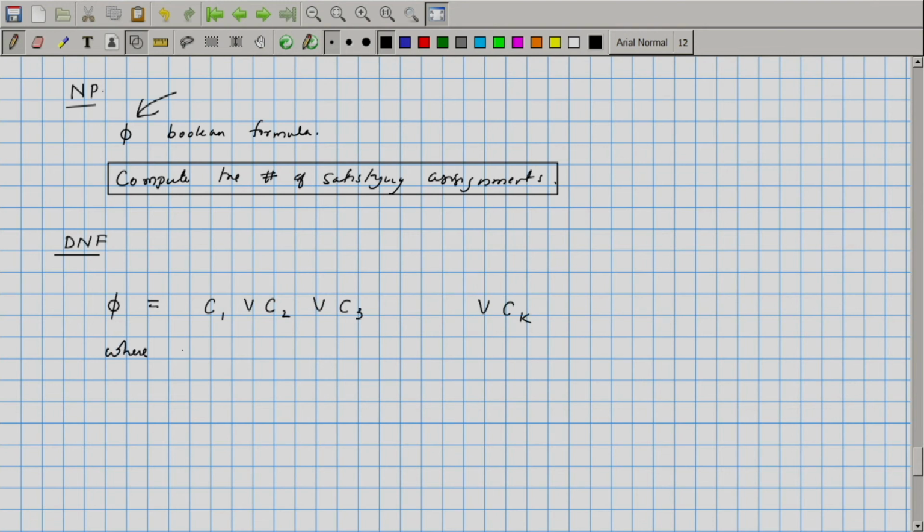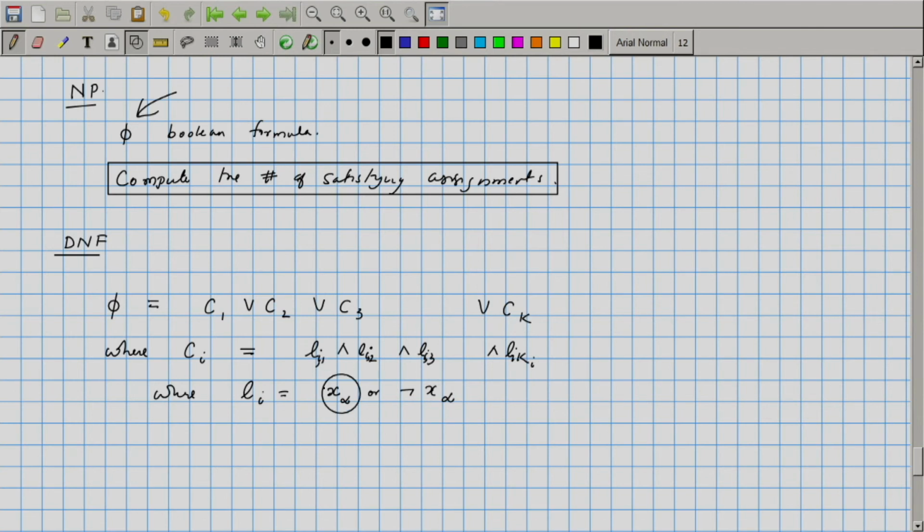where each Ci is of the form Li1 and Li2 and Li3 and ... Liki, where each Lij, known as a literal, is either, let us say, x alpha or not x alpha.